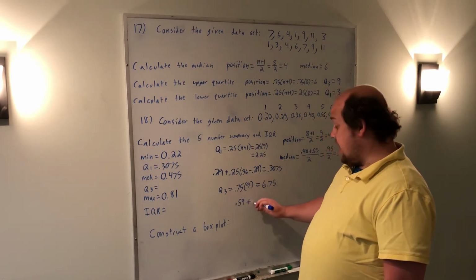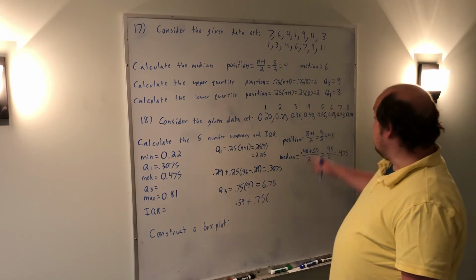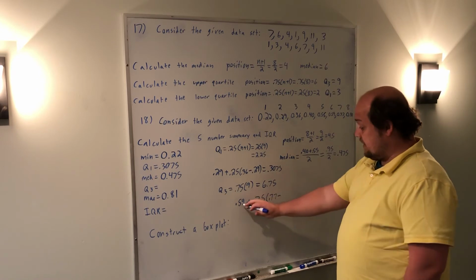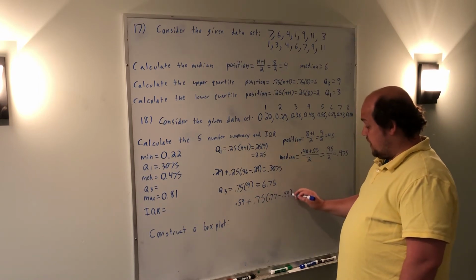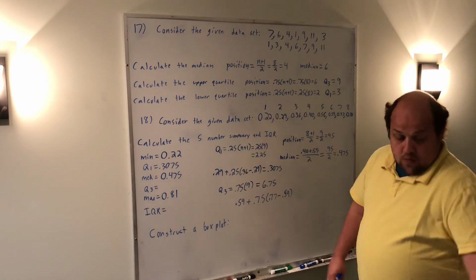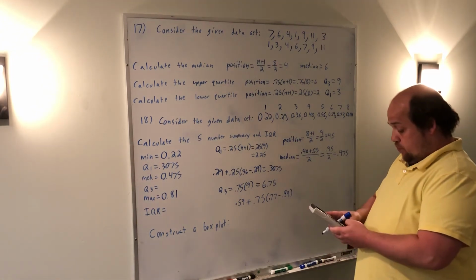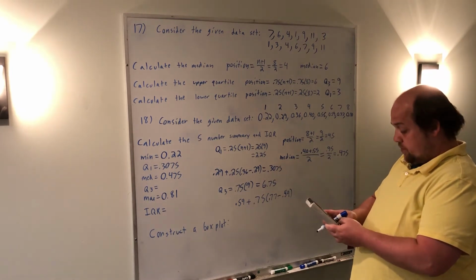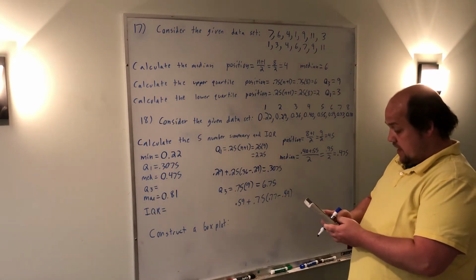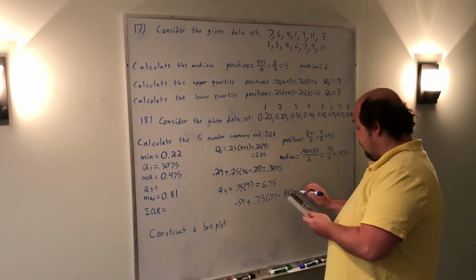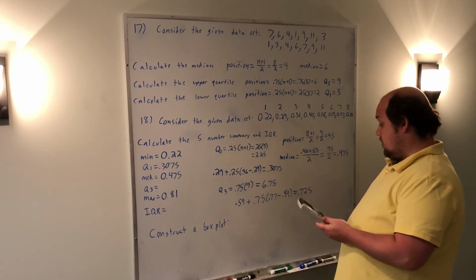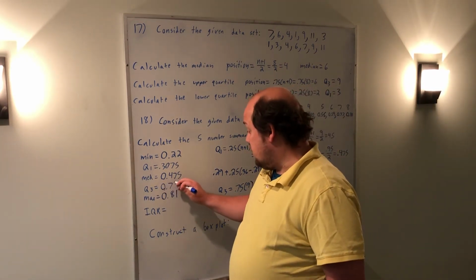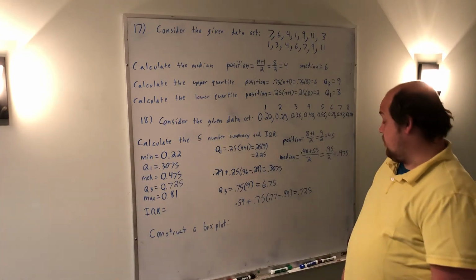I need to add to that 0.75 times the next data point after the 6th, which is 0.77, minus the 6th data point, 0.59. When I put that into my calculator, 0.59 plus 0.75, parentheses 0.77 minus 0.59, I get an answer of 0.725. So I'm going to take that 0.725 and put it in as my Q3.